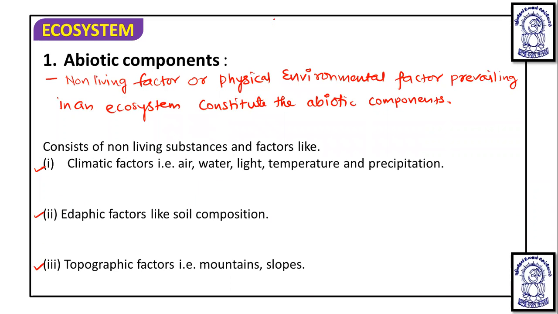If we discuss the climatic factor, it includes temperature, air, water, light, precipitation. Wind is there, we can add wind as well, because air is given, obviously we can say air current is there. Obviously you can add humidity. These all are climatic factors.